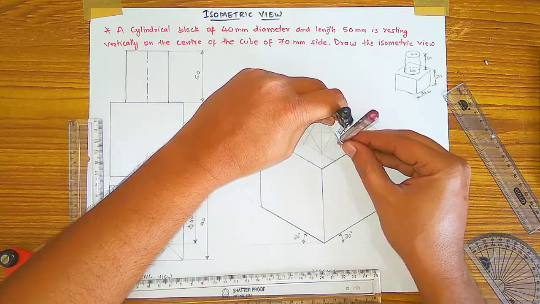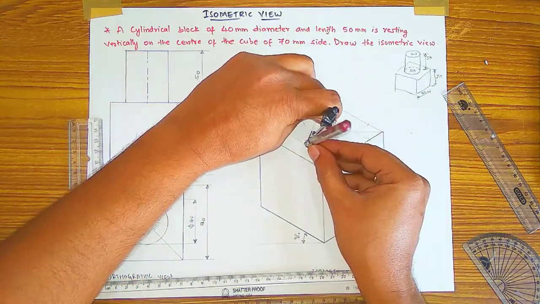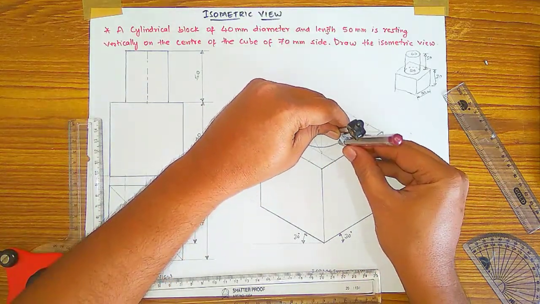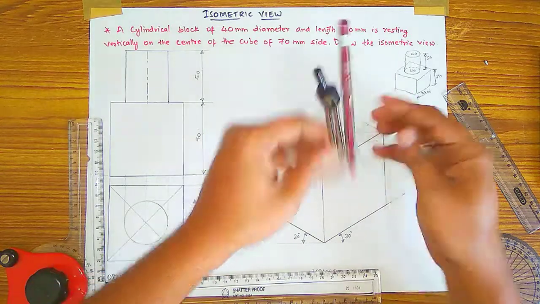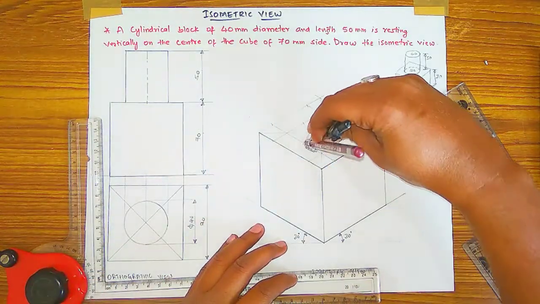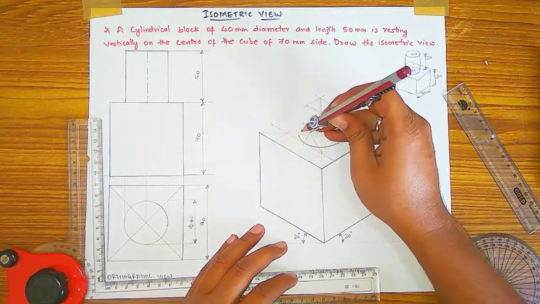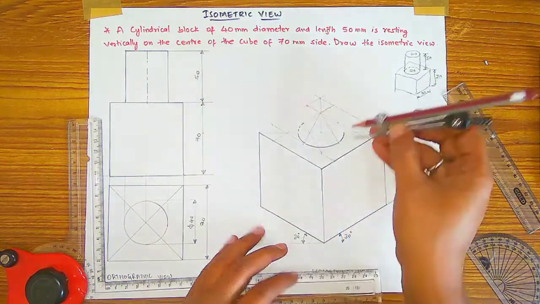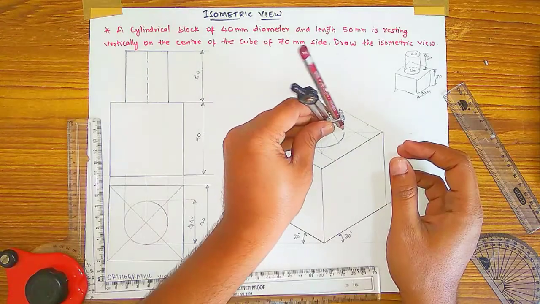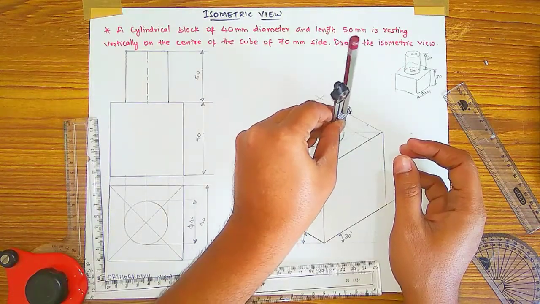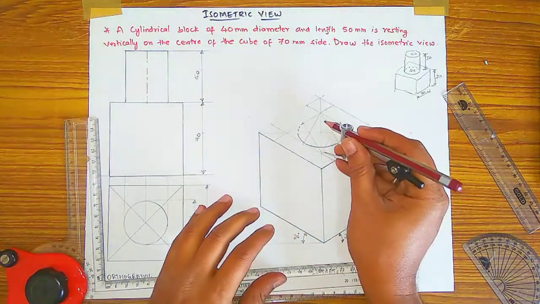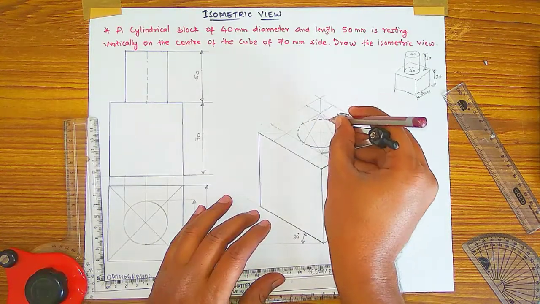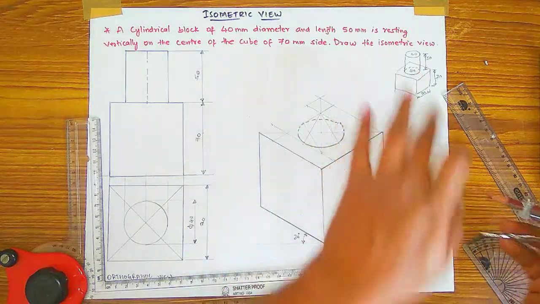Adjusting your divider, this arc is visible, so I am doing dark, and this also is visible, so I am doing dark, and this center is also visible, this arc is also visible, I am doing dark. The remaining arc is not visible, so I am doing a dotted line, like this, and the remaining arc we have to keep here and adjust your divider and take the arc. Your bottom circle is created.